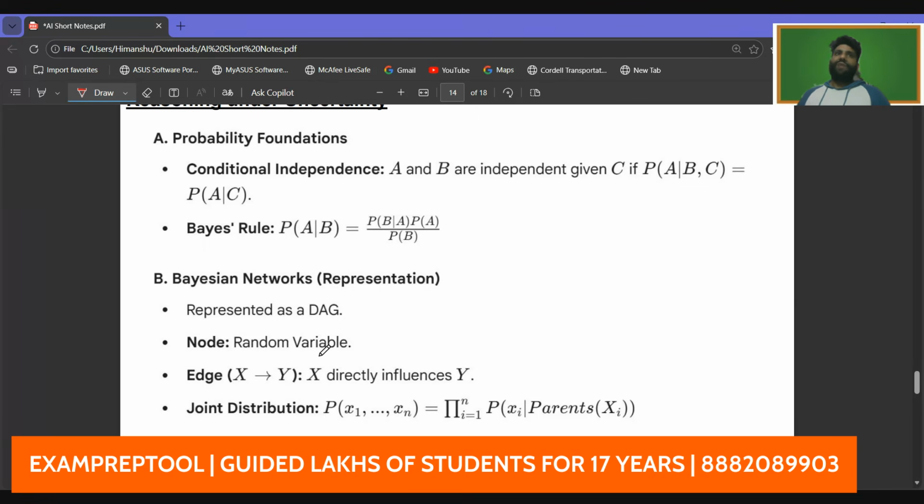But if I know how all the conditional dependencies come into the picture, I can still model it beautifully using Bayesian networks, which tell us that it would be a product of P(xi) given its parents, and so on, until I have a node which does not have any parent. For that, there would be no condition. That's how we write the joint distribution.